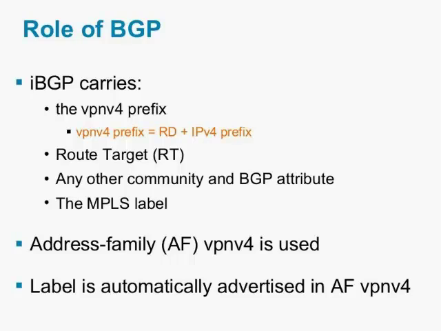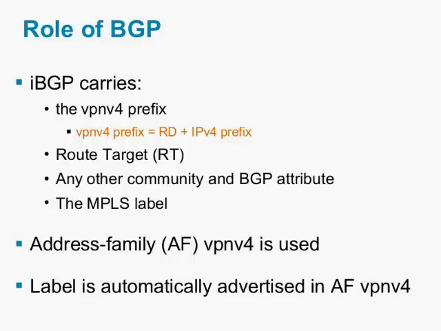Now this BGP update not only carries VPNv4 and RT, but also carries the MPLS label that is allotted by the PE device for each and every VPN prefix received from the customer side. Why do we need this MPLS label? On a PE device, when a packet is received from the customer side, based on the incoming interface's associated VRF, the local PE can understand that this packet belongs to this VRF.